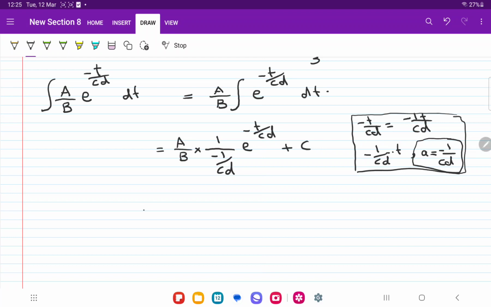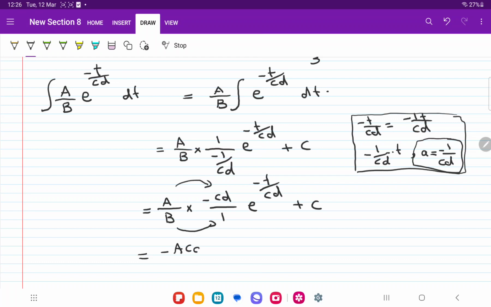That will be a over b times minus cd over 1 e to the power minus t over cd plus c. One last step. We're going to multiply these two together: minus acd over b e to the power minus t over cd plus c.